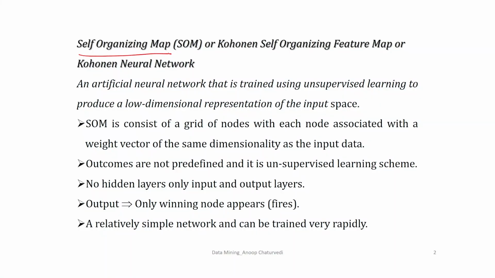Self-organizing map, which is also called Kohonen self-organizing feature map or Kohonen neural network. This is an artificial neural network and it is trained using unsupervised learning to produce a low dimensional representation of the input space.